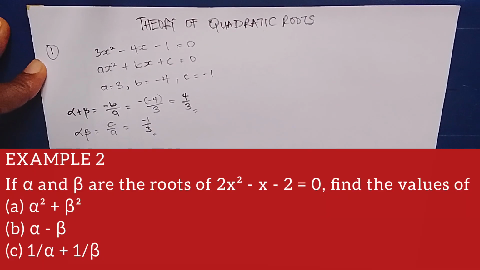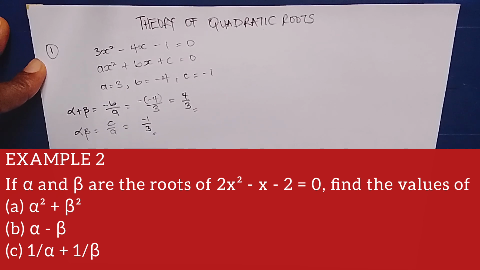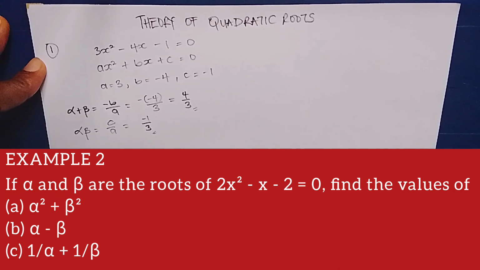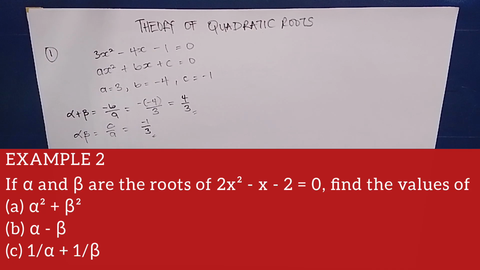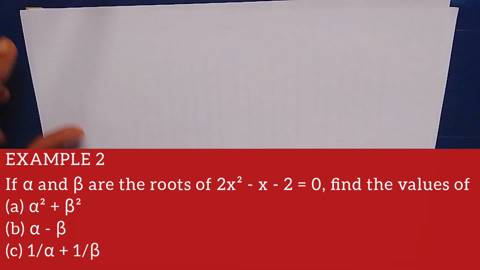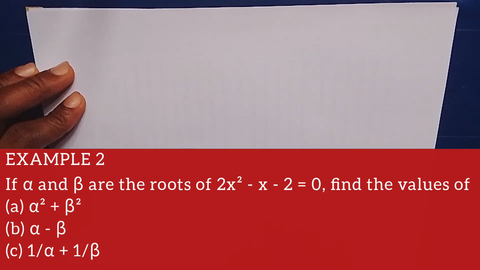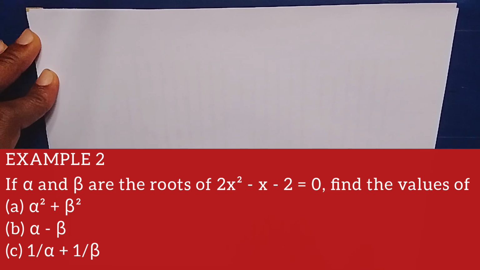If alpha and beta are the roots of 2x squared minus x minus 2 equals 0, find the values of a, alpha squared plus beta squared, b, alpha minus beta, and c, 1 over alpha plus 1 over beta. Now, in dealing with this, you want to express each of the values they've told us to find in terms of alpha plus beta and alpha beta.